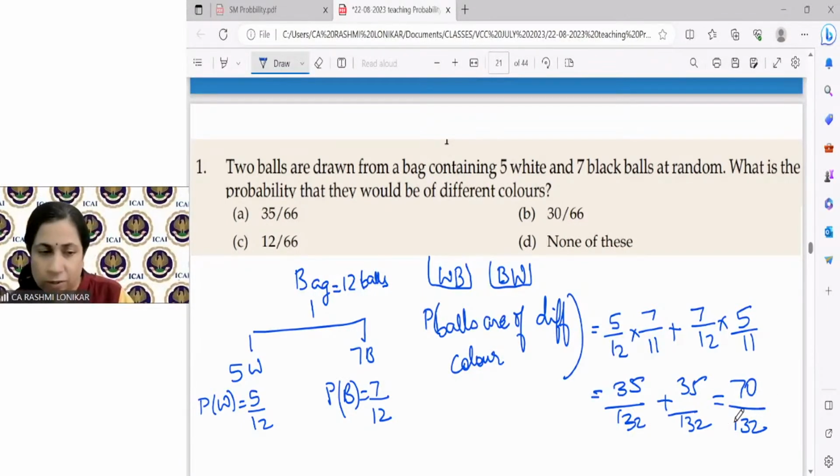And you can simplify this further. 4 I can't do, 6 also I can't do. I can divide by 2. So 70 will be 35, and when I divide 132, it will be 66. So 35 upon 66.